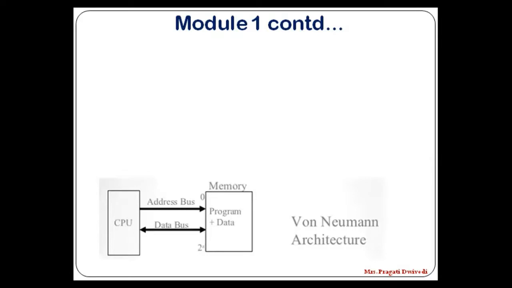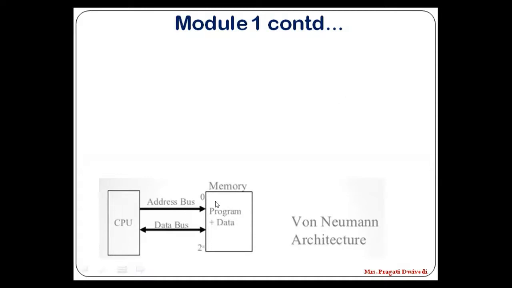So let us see first what is von Neumann architecture. Von Neumann architecture is an architecture where you have the program plus the data memory as one memory only. That means in one memory only you have some portion as your program memory, that is your ROM, and some portion as your data memory, that is your RAM, and the CPU, that is your processor or your controller, will access this memory using one set of bus.